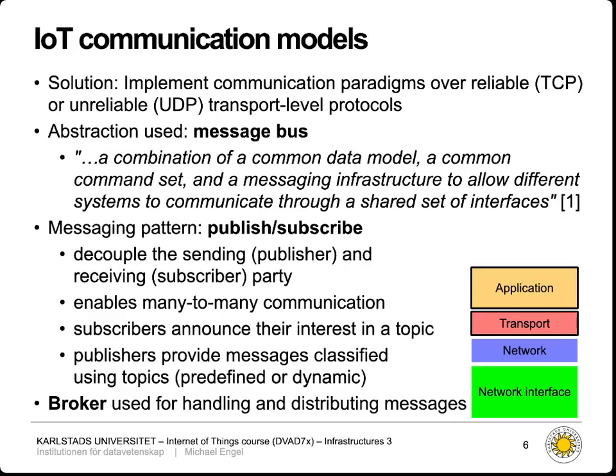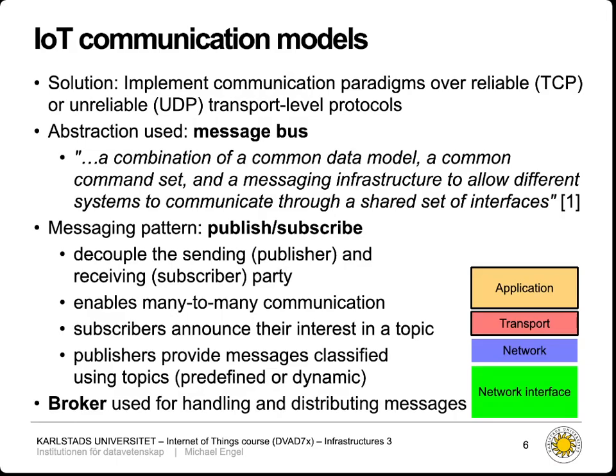And on the message bus, many IoT systems actually implement what we call a pattern, so a certain mode of communication. And this mode of communication actually enables these communication and transportation modes we've seen before. So unicast, broadcast, multicast. And this is done by changing the role, turning it on its head.